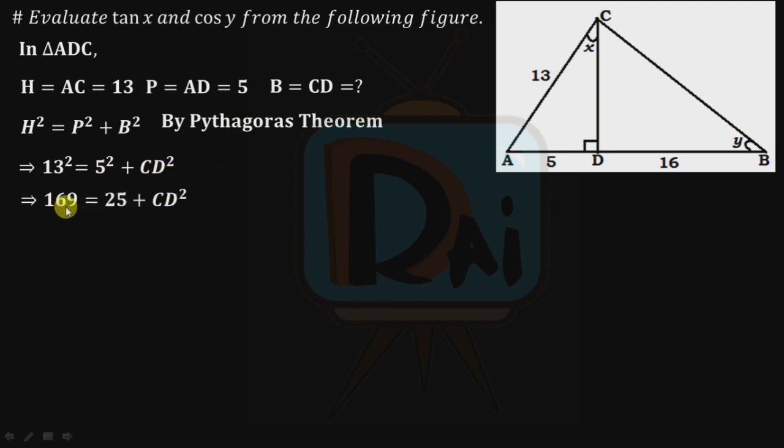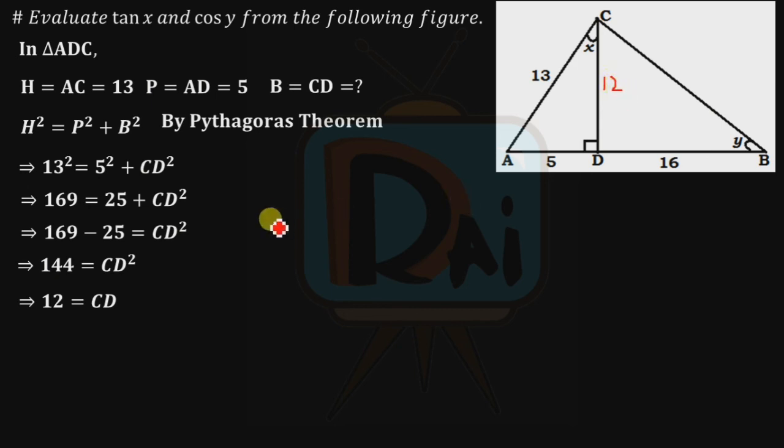Square of 13 is 169, which is equal to square of 5, so 25, plus CD square. 169, when plus 25 goes this side, it becomes minus 25, is equal to CD square. 169 minus 25 is equal to 144, which is equal to CD square. Therefore, CD is equal to 12. That means we got the value CD is equal to 12.